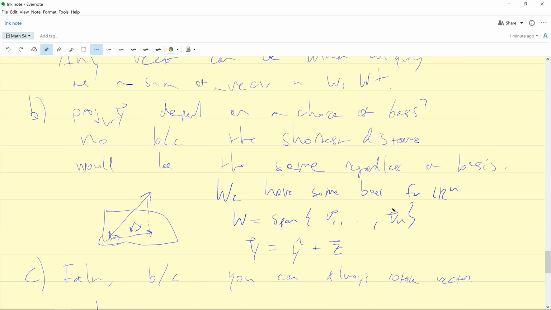Okay. Wait, so in the drawing that you drew for B, the basis vectors would represent the square? Yeah, these vectors here or these vectors here. I could have drawn them in the same place, but it would look kind of crowded, so I just drew two other orthogonal vectors off to the side.